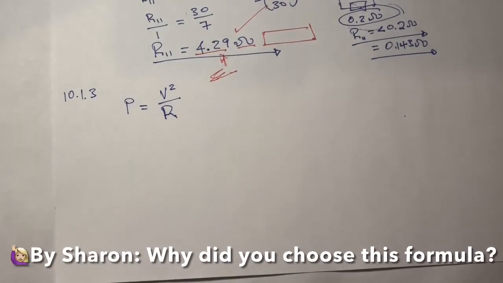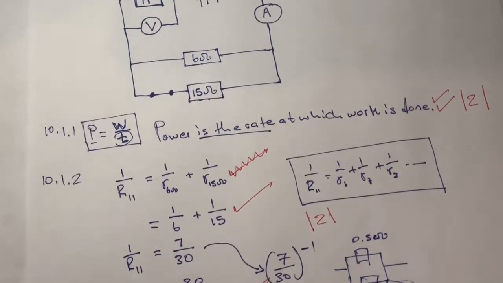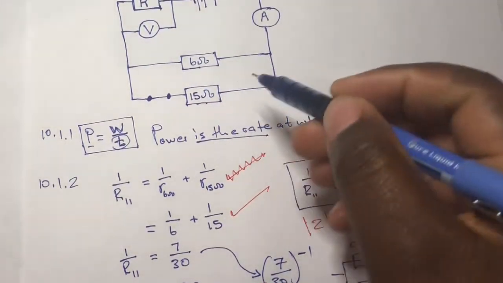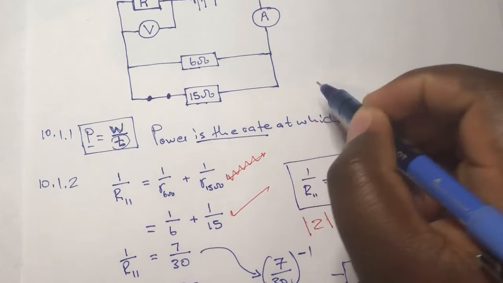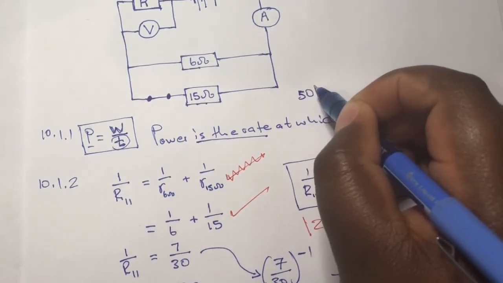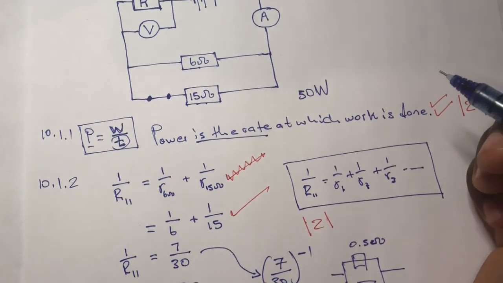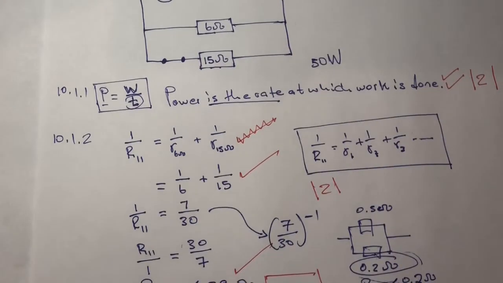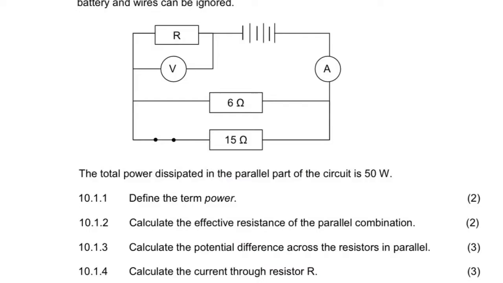So remember guys, on the circuit, it was indicated that we've got a power of 50 watts. Let me just quickly check that statement. So the total power dissipated in the parallel part of the circuit is 50 watts.